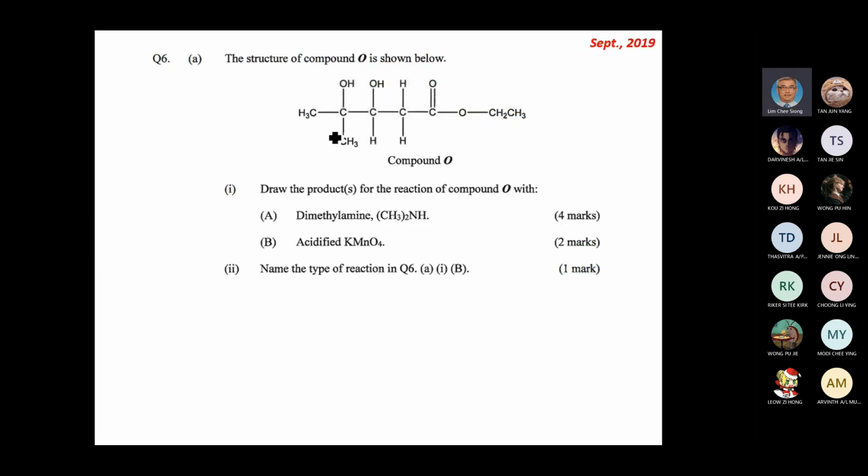Okay, next one. Draw the product of the reaction of the structure with dimethylamine that we have. So the compound we have is CH3 with an H, a secondary amine. Okay, this compound is going to react, and we remember all the time we put scissors over here, cut. So then they are able to form the compound here.